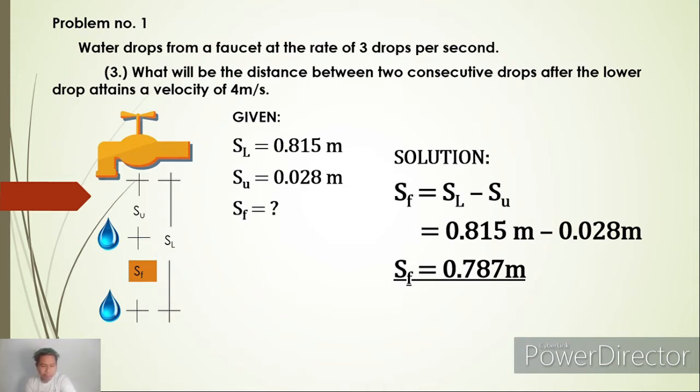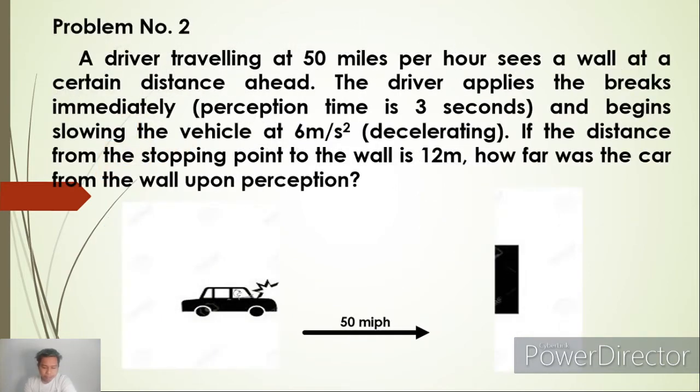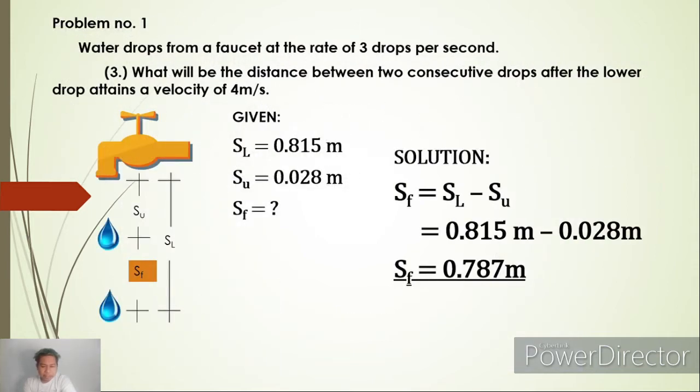So 0.0815 meters minus 0.028 meters. The distance between the two drops is equals to 0.787 meters. Alright? So, question po tayo doon sa number 1, problem number 1.